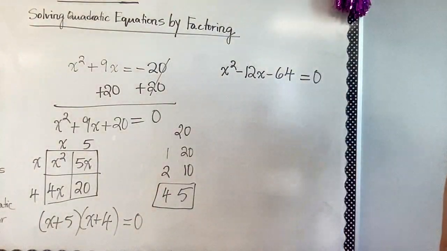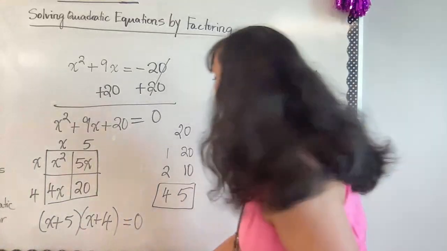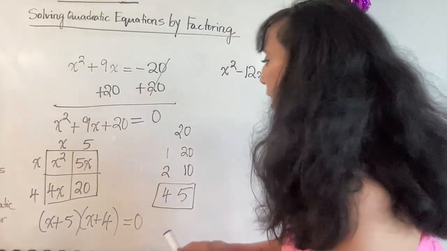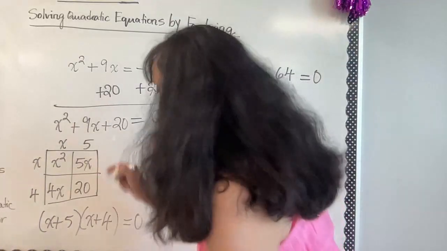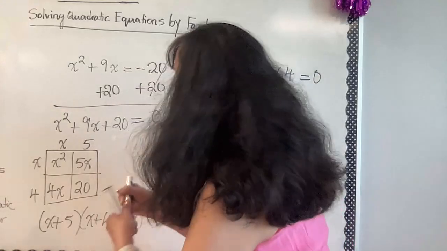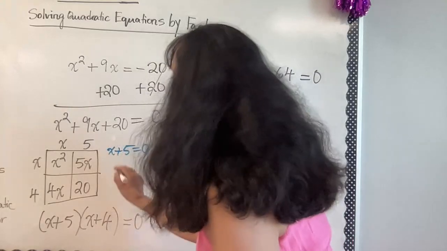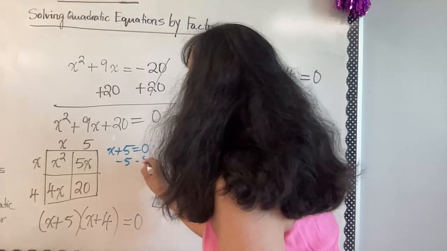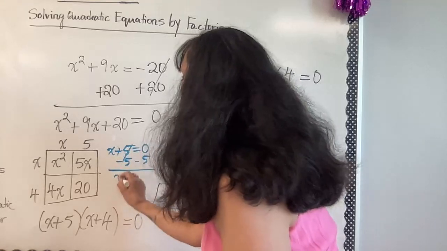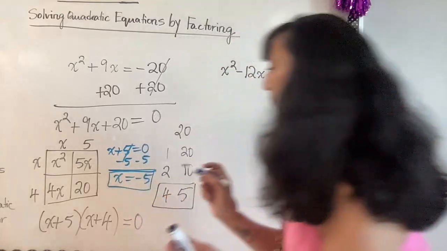Then I am going to solve using the zero product property. Let me use a different color so you can see what I'm doing. I can say x plus 5 is equal to 0. So minus 5, and x is equal to -5. So this is one solution.